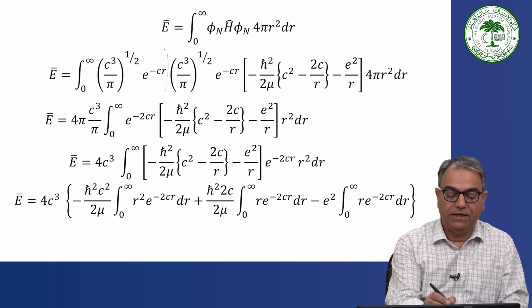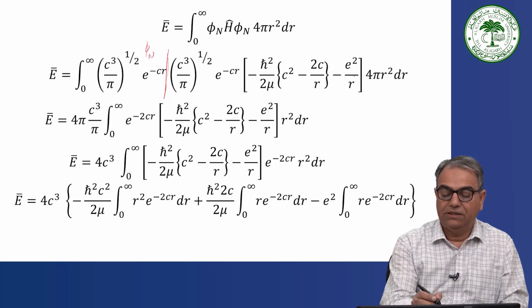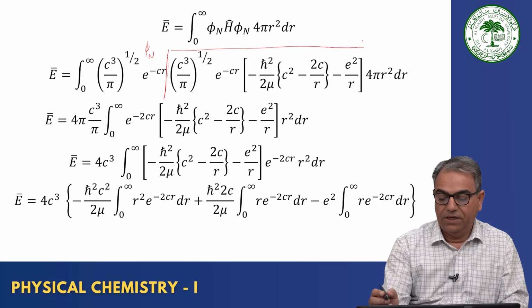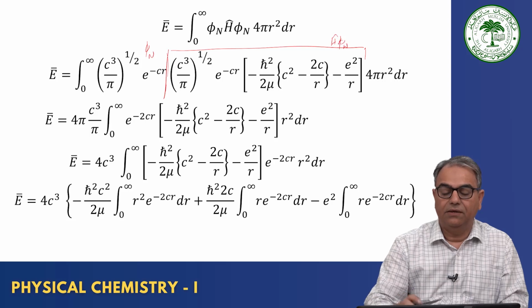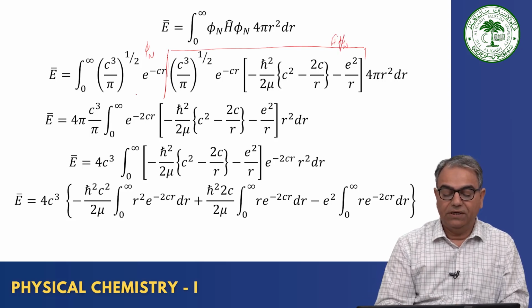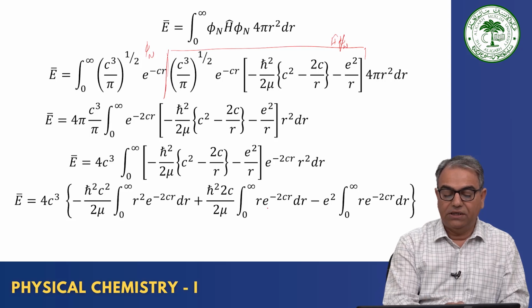Up to this it was phi n, and beyond this it is H phi n. From here to here it is H phi n, which is on the previous slide. Okay, so you have this one, and if you solve this integral, what do you have?